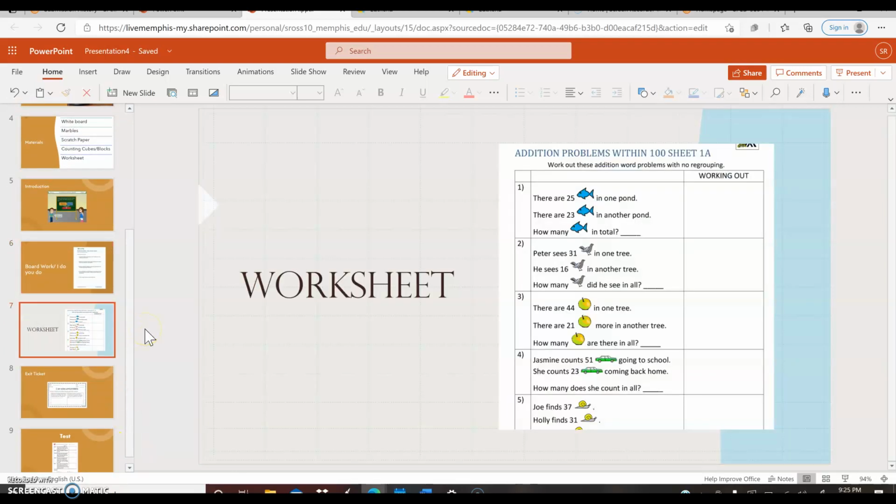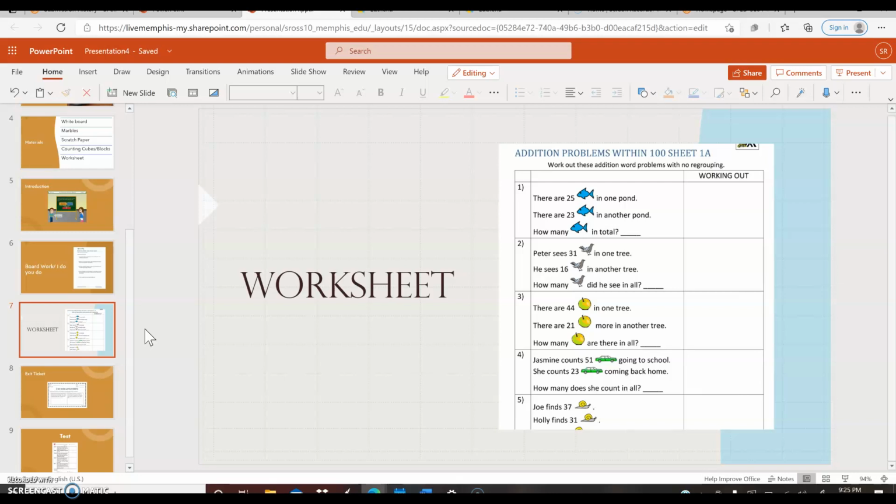After doing the board work of I do, you do, we will then go into a worksheet of the assessment of addition problems within 100, and that will consist of using pictures and also using number sentences, and they will do each problem.